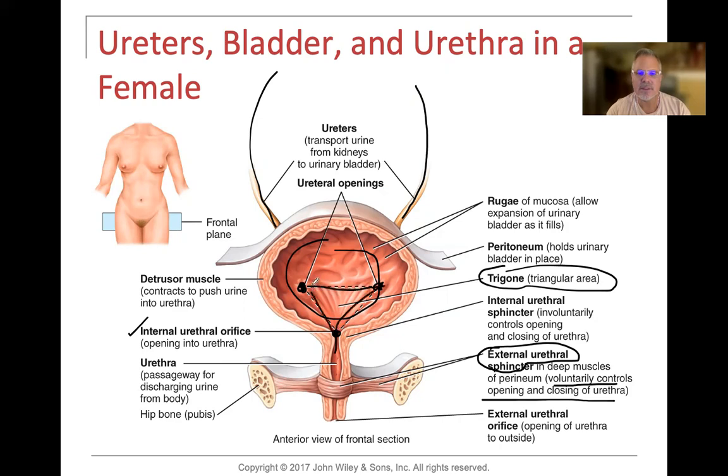The smooth muscle surrounding the urinary bladder is called a detrusor muscle, which will actually contract to push the urine out during micturition. And then we have the urethra, which is the passageway for urine or for discharge out of the human body.